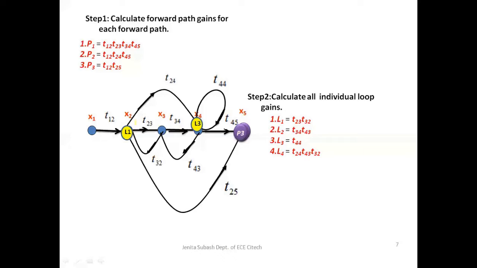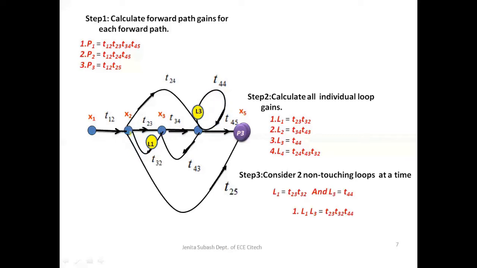And if you have the combination of L1 and L3, they are two non-touching loops. We can justify this because they are not sharing a common node. So we have only one combination of two non-touching loops and its loop gain is given by L1 equal to T23 into T32 and L3 is given by T44, and finally the product of both is L1 times L3, and we can write it.